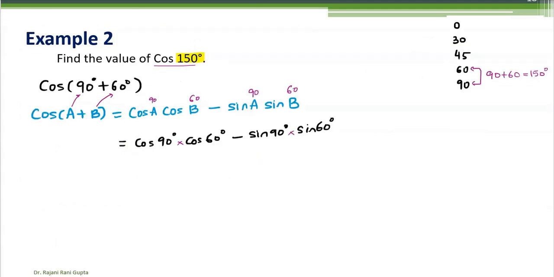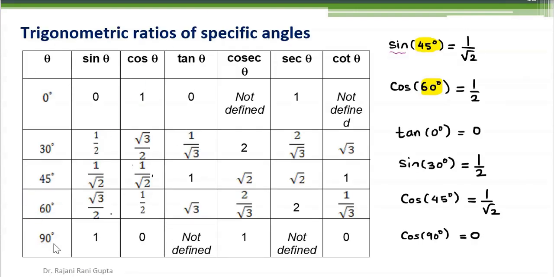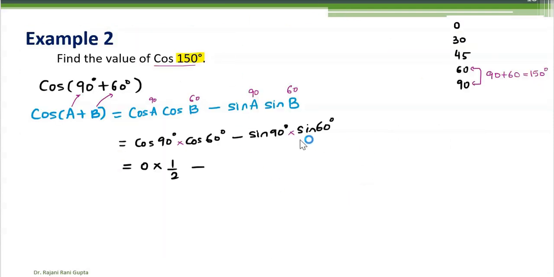Cos 90 is 0, cos 60 is 1 by 2, minus sine of 90. Sine of 90 is 1 and sine of 60 is root 3 over 2.